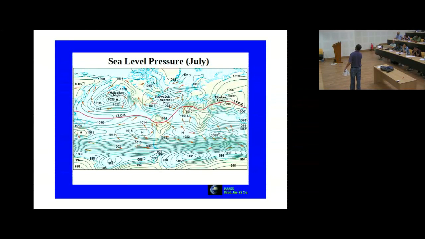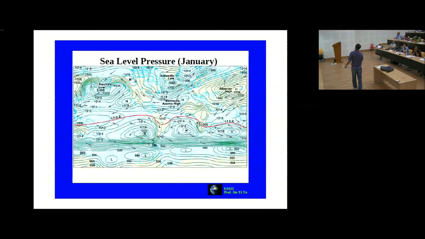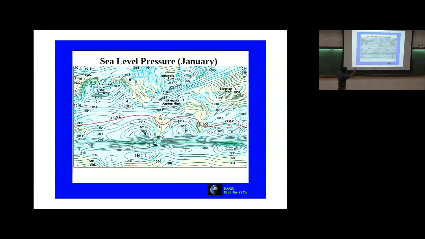If we go ahead and flip this to the month of January, you basically see that things get reversed. That is, the high pressure system that was here has got squeezed down. It's come from the subtropics into the tropics. The high pressure system from here has also got squeezed down over here. It has been replaced by a low. And now for the low, you expect the circulation to be anti-clockwise, spiraling inwards.